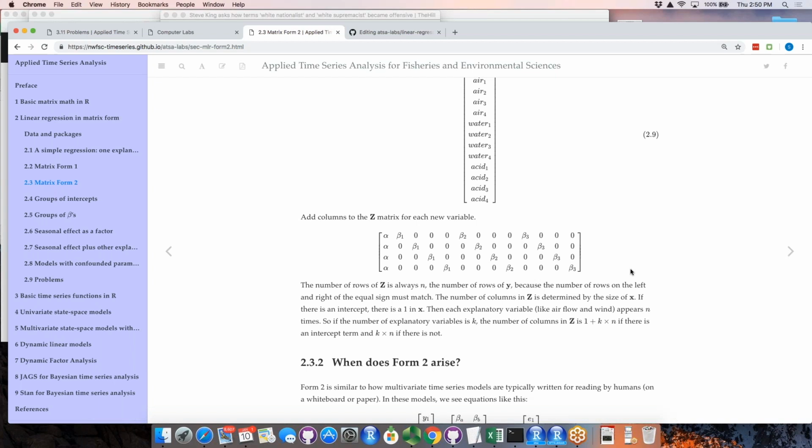When we start working with multivariate models, we'll start putting those kinds of constraints on. So these 4 rows might correspond to measurements taken in different regions, one in the north, one in the south, and that's why you want to impose something like the effect of air being the same in the north or the same in the south.